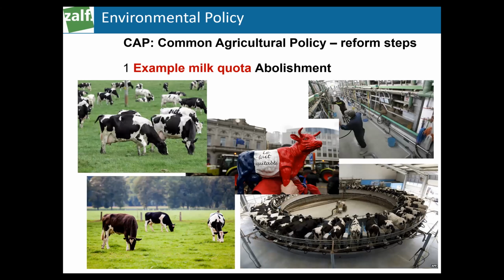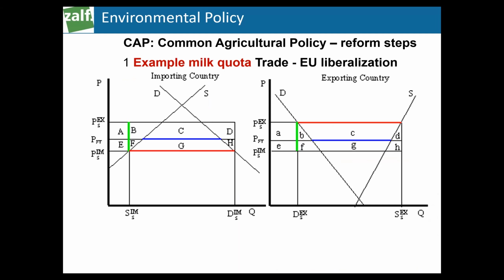If you look at this milk quota abolishment, this is just to pick an example again, what we had in theory, in order to be able to evaluate certain programs. We had this as an idea of a certain surplus, and we had a certain importing country and exporting country.